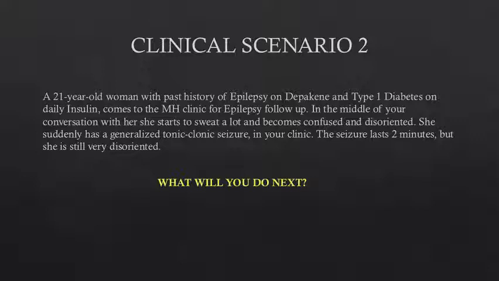She suddenly has a generalized tonic-clonic seizure in your clinic. The seizure lasts 2 minutes, but she is still very disoriented. What will you do next?